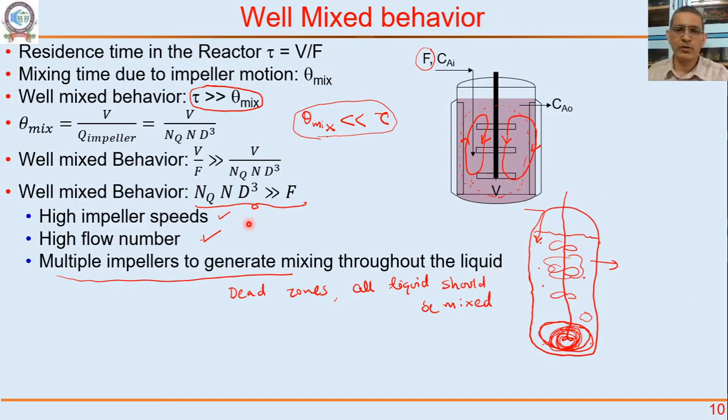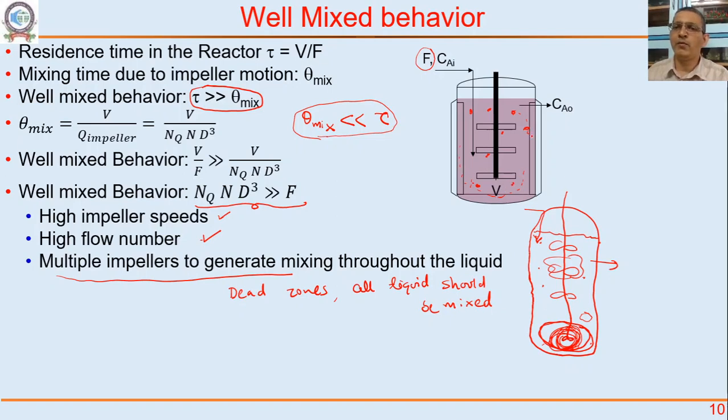So if you do computational fluid dynamics coupled with measurements, you can compute the concentration at different locations in the vessel: here, here, here, here, everywhere.